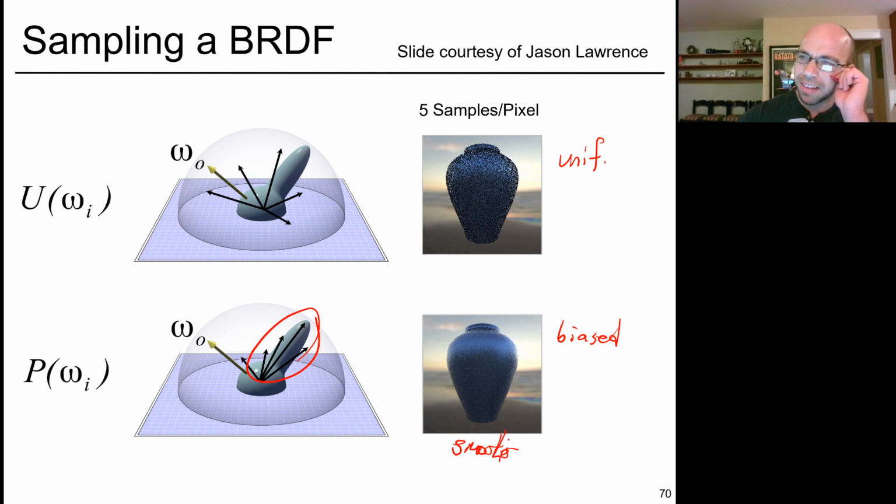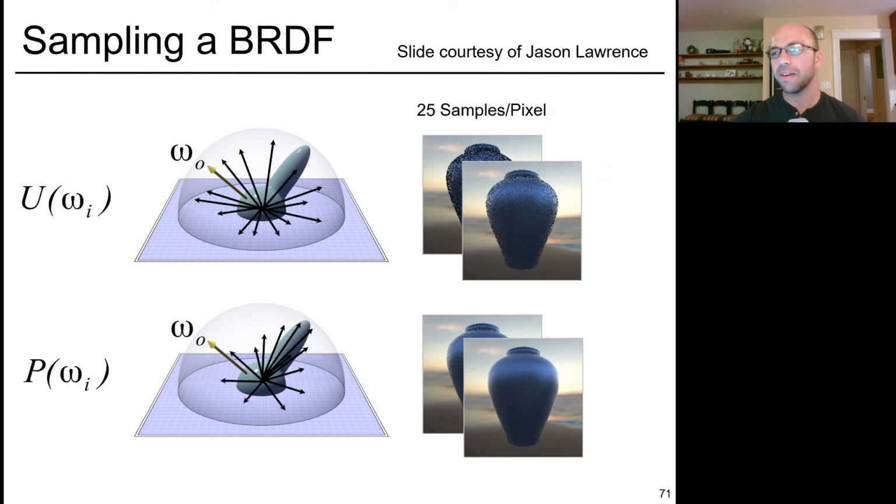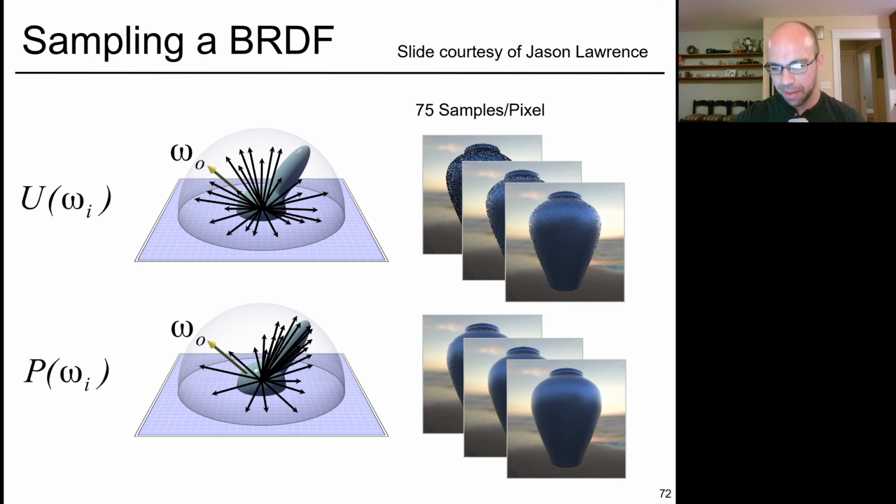That's because the stochasticity of whether I randomly happen to draw a ray in the direction that matters for rendering is now much more likely. And as we increase the number of samples, the difference becomes even clearer. You can see that both images do get better, but on the top, it's still quite noisy, whereas with 25 samples per pixel in the biased case on the bottom, you have almost a smooth rendered image at this point. Or here's with 75.